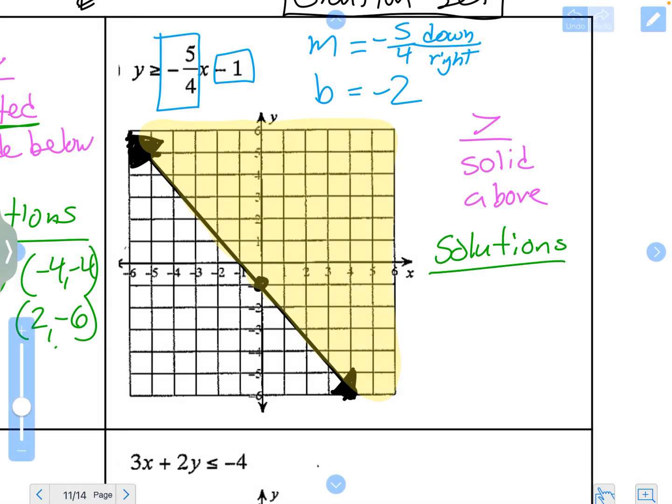So this time when I do my solutions, I'm going to include at least 1 dot on the line. Yeah, I might be able to only get these 2 dots. Then I'm going to find 2 other random. Let's do a third random dot. So 0, -1 is a solution.